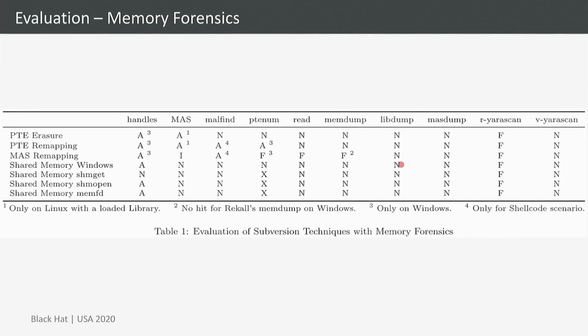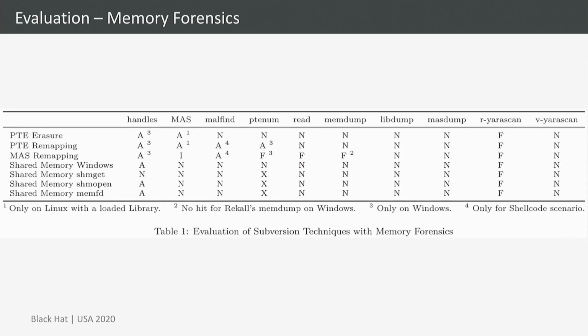We dumped the memory content of the processes, and only in the case of the MAS remapping and only with Volatility were we able to find our malicious code in there. With the other tools and other plugins, it was not the case. We also found our malicious code if we accessed it directly.